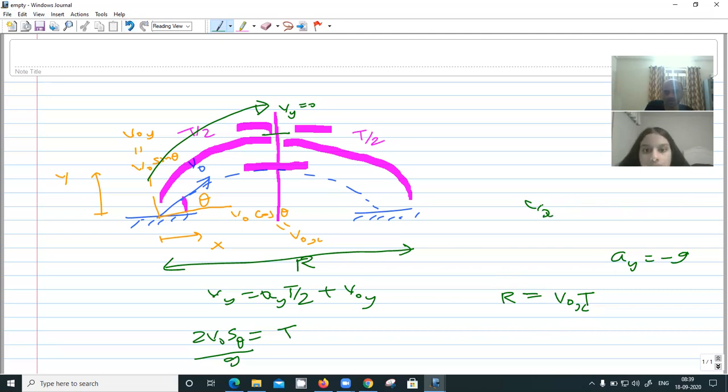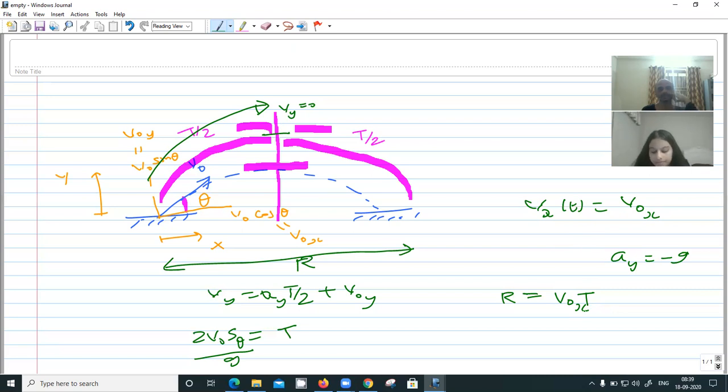The x component of velocity at any time is the same as the x component of velocity at time t equal to 0, because the x component of velocity is constant. There is no acceleration in the x direction, so the velocity in the x direction is the same. So that constant velocity, that is V naught x into t.